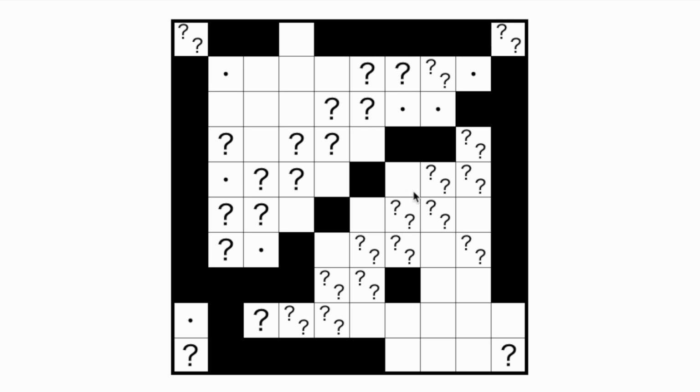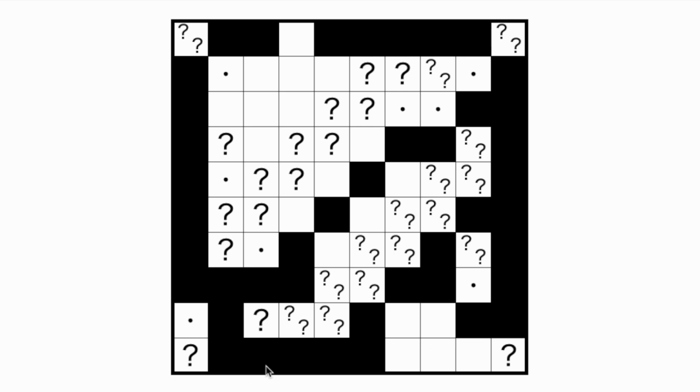Same thing is going to happen with this clue. Same thing is going to happen with this clue. And the same thing is going to happen with this clue. This has become a dead end. This clue needs two separate areas, so these can't join each other. This needs to continue to sneak out toward the rest of the world.